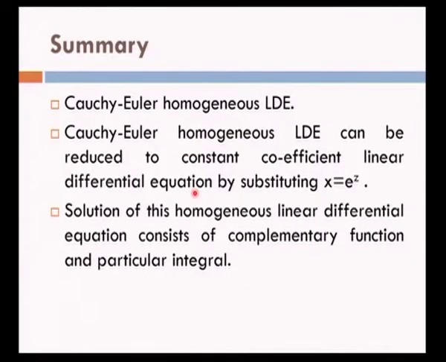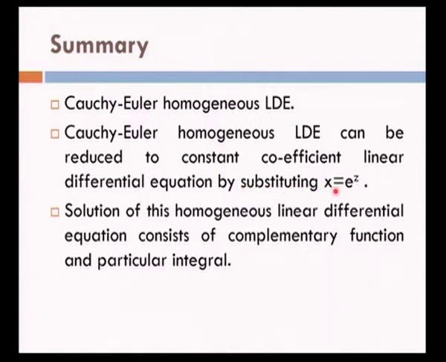In this lecture we got the explanation about the Cauchy-Euler homogeneous linear differential equation and Legendre's homogeneous linear differential equation. The Cauchy-Euler homogeneous linear differential equation can be reduced to a constant coefficient linear differential equation by the method of substitution.